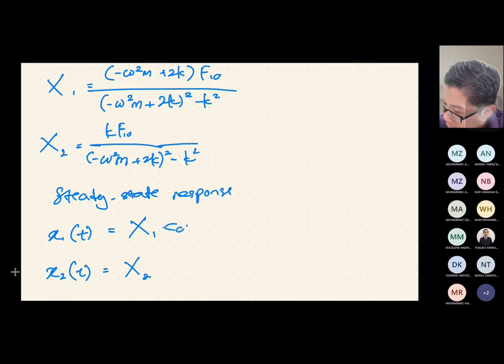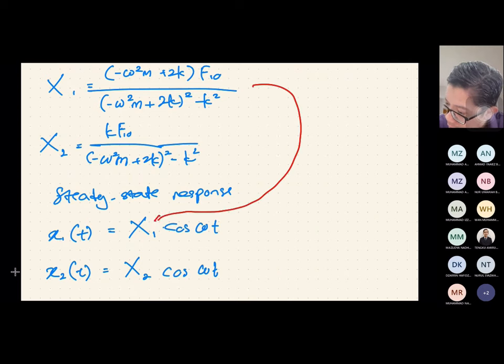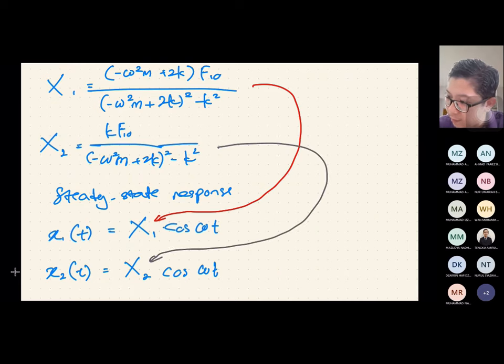Okay. So cosine omega t, cosine omega t. So you can substitute yourself. So x1. So substitute this into x1 and substitute x2 into x2. You can write it down lah. Letakkan.